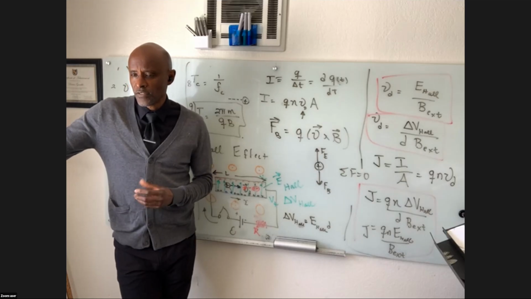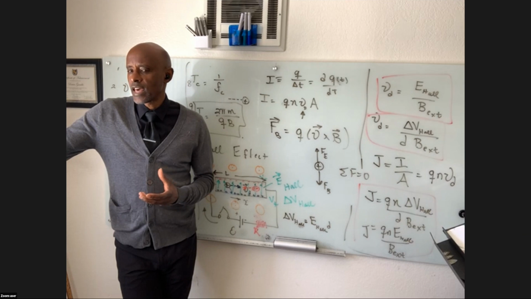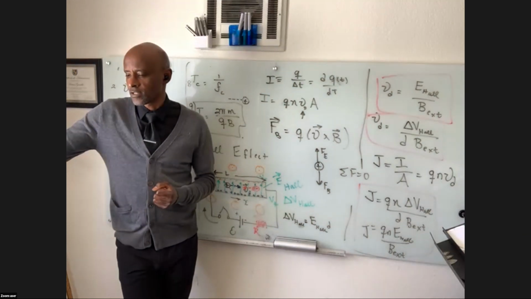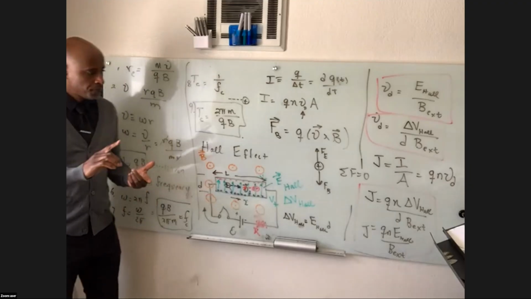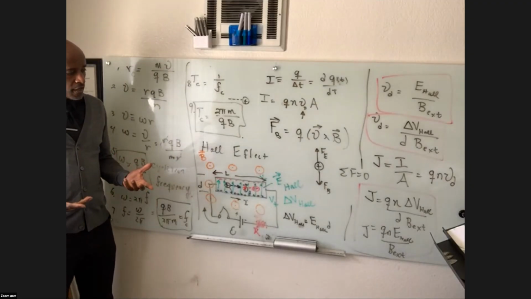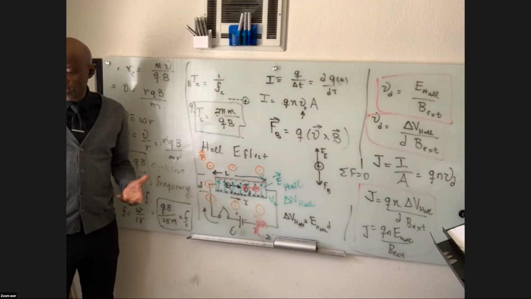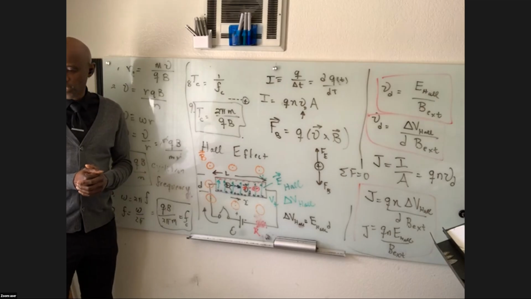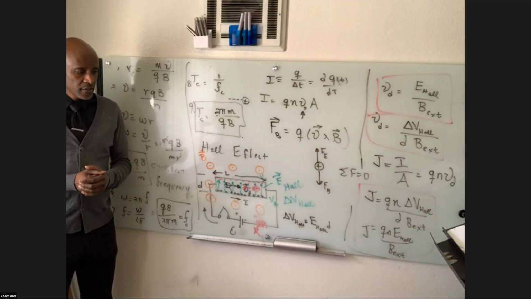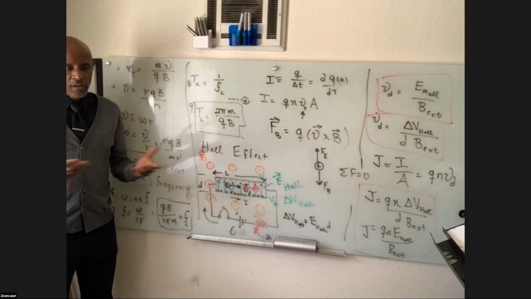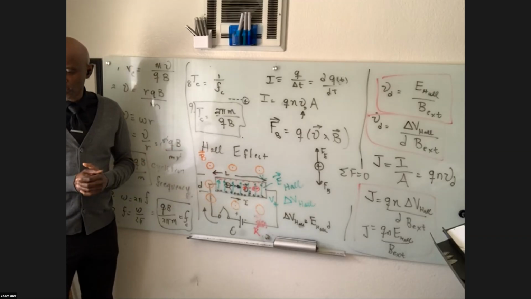There are certain specific characterizations that are standard. The Hall effect is one of those things. The cyclotron, like measuring the mass of particles, or the cyclotron frequency under certain conditions, is another.